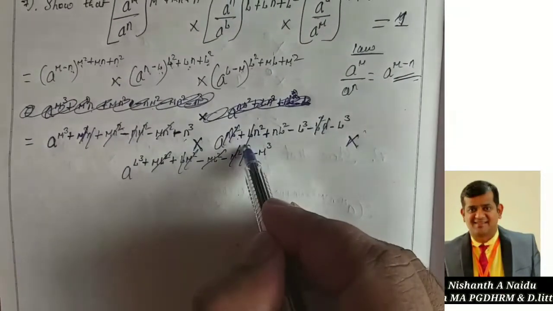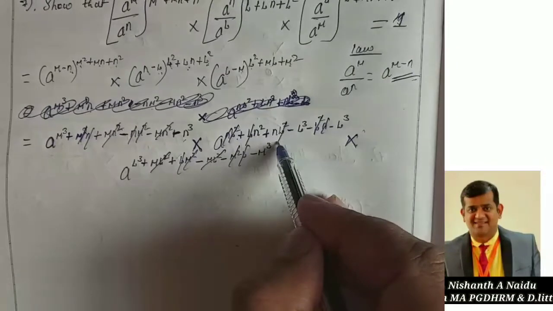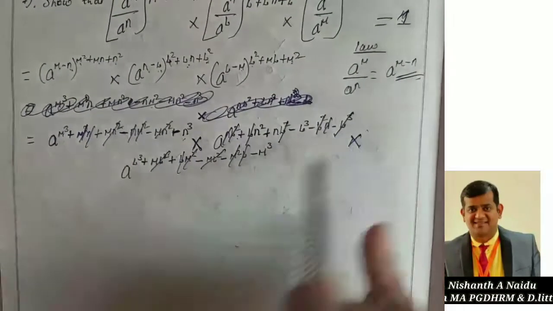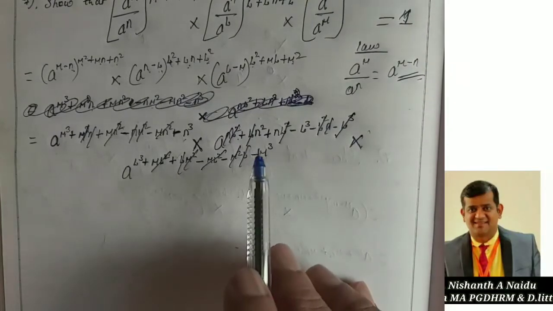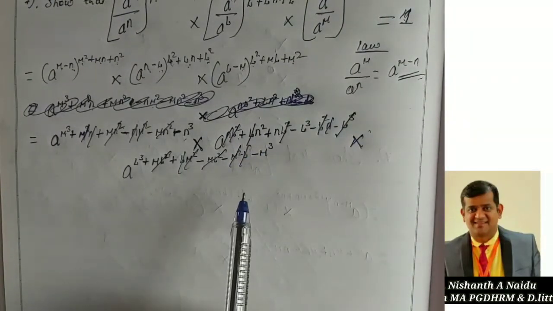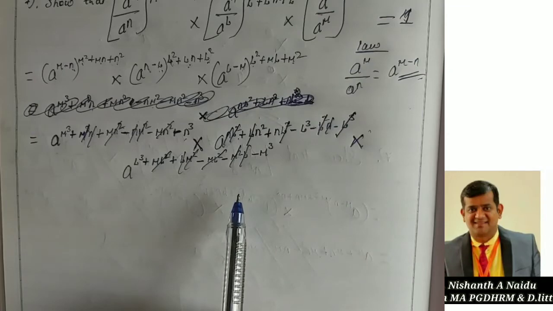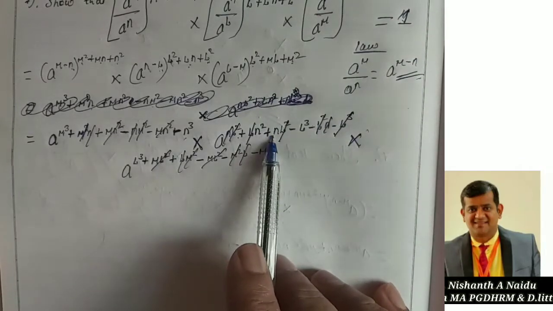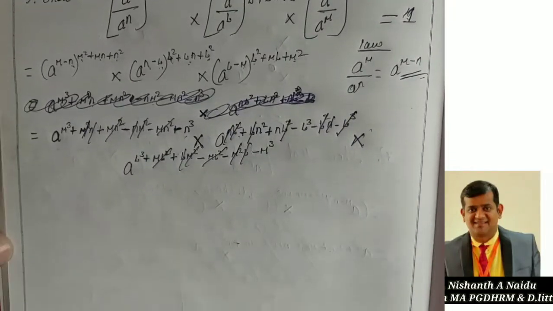So this l 1, this l 2, that becomes l to the power of 3. So this l to the power of 3 gets cancelled. So left out is here n to the power of 2, then n to the power of 3, that is 2 plus 1, 3. Okay, that I'll show you in the next step.